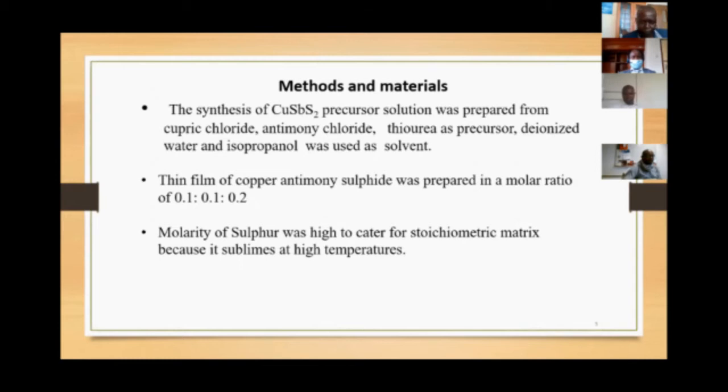The molarity of sulfur was high. This is generally to cater for the stoichiometric balance because sulfur sublimes at higher temperatures. Actually, above 444 degrees Celsius, sulfur will sublime.